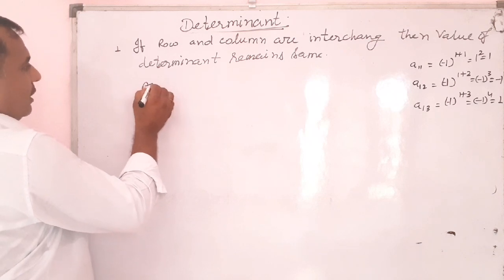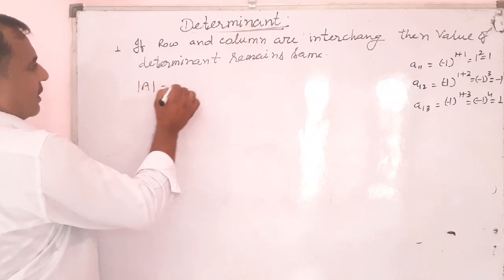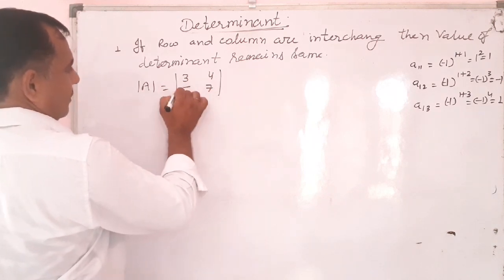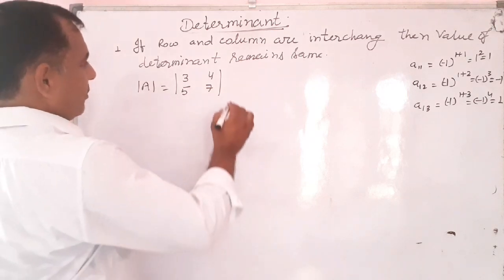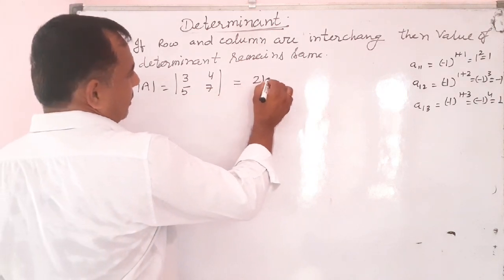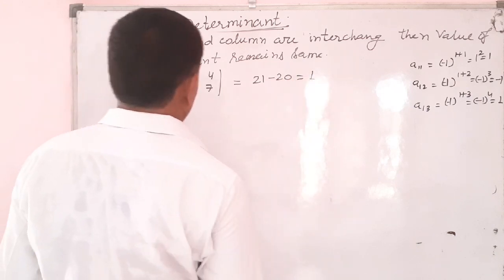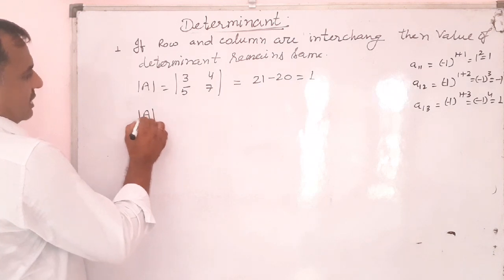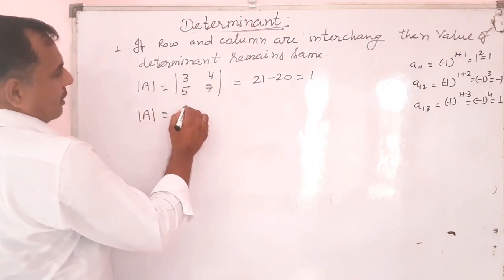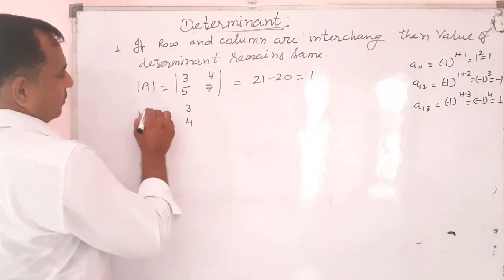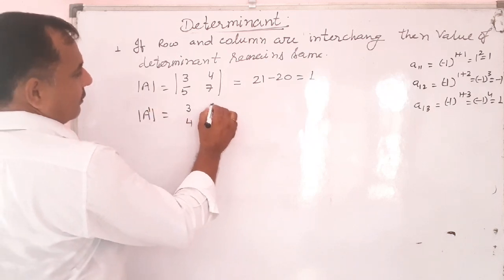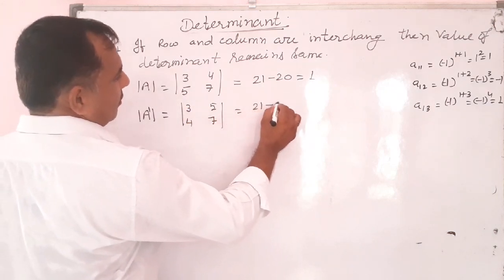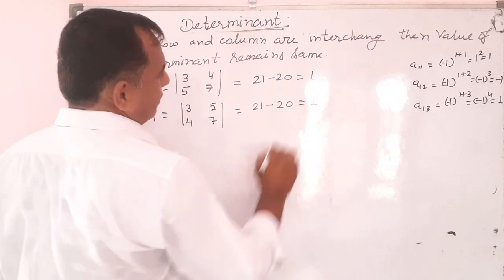Suppose the determinant A is 3, 4, 5, 7. Value of determinant is 21 minus 20 equals 1. After interchange, 3, 4 and 5, 7. 21 minus 20 equals 1.